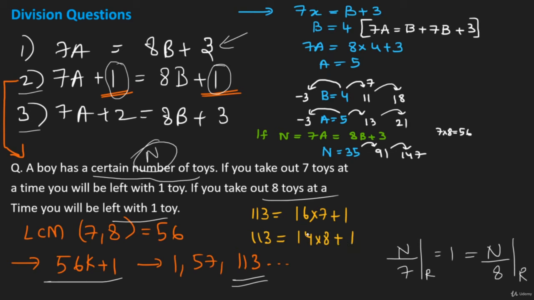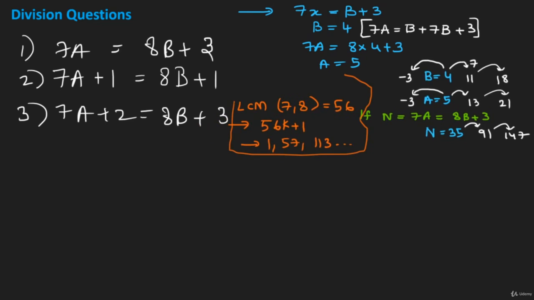If you divide 113 with 8, you will get a quotient of 14 and your remainder is 1. So in both these cases, you're getting your remainder as 1. Therefore, this is valid, and the generic expression in this type of an equation is the LCM of this number and this number, and then to that you have to add the common remainder that you are getting. All right, let's keep that aside and let's go to the next one.